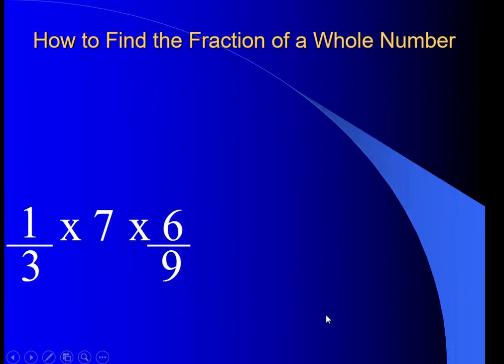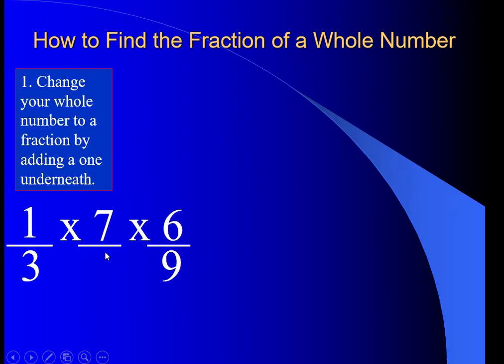Okay? But what if we have 3 items, 2 fractions and 1 whole number? So, just like a while ago, yung whole number, we will make this a fraction by writing 1 underneath.